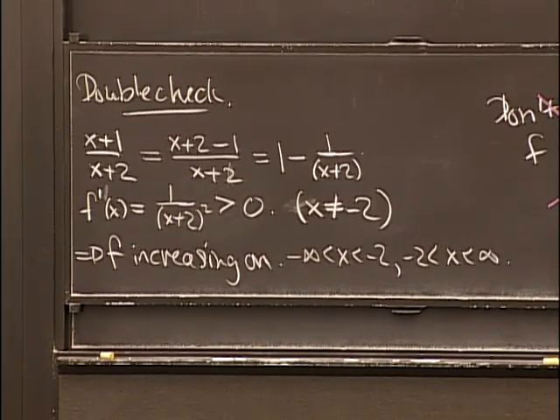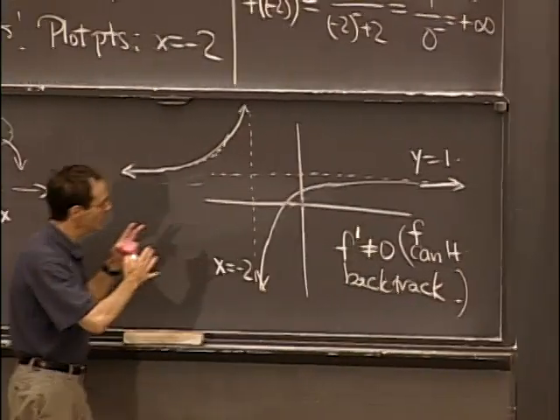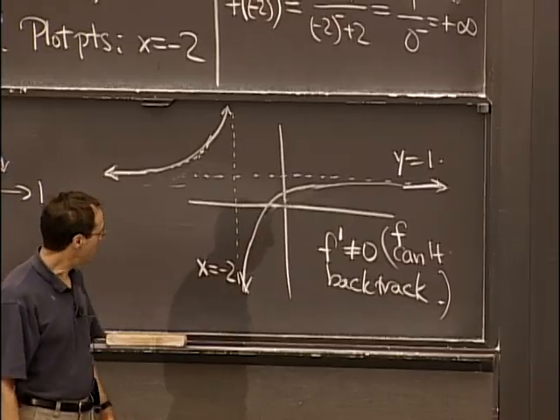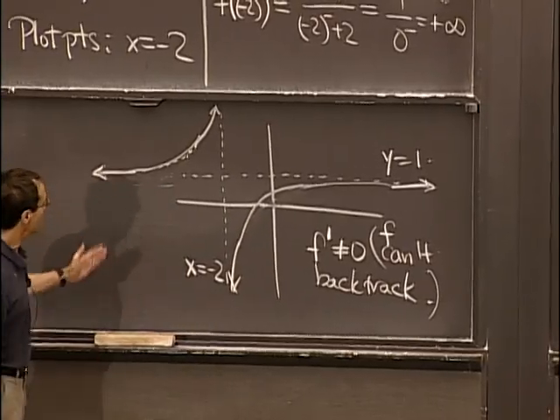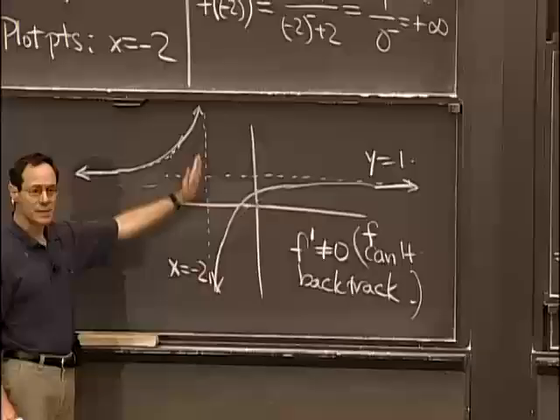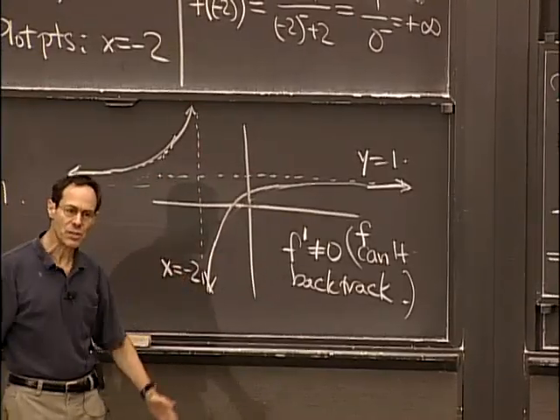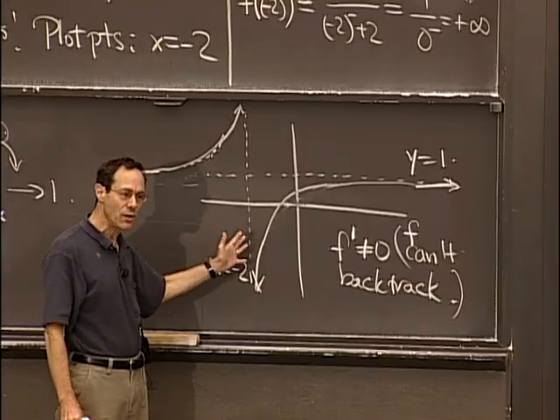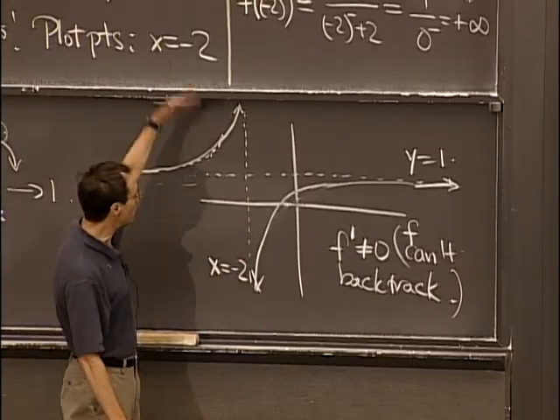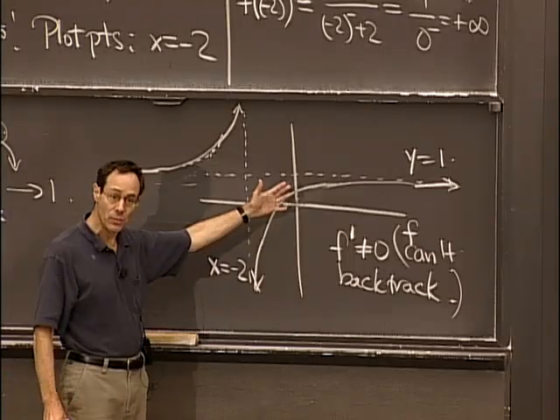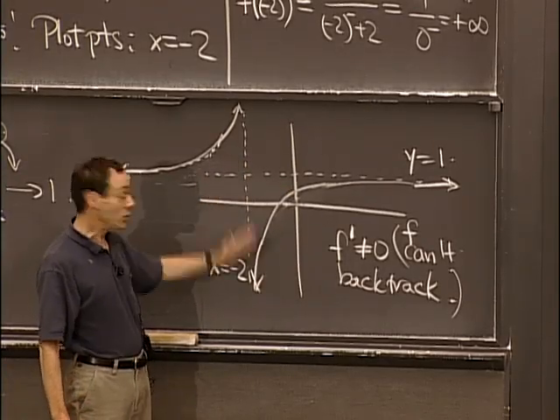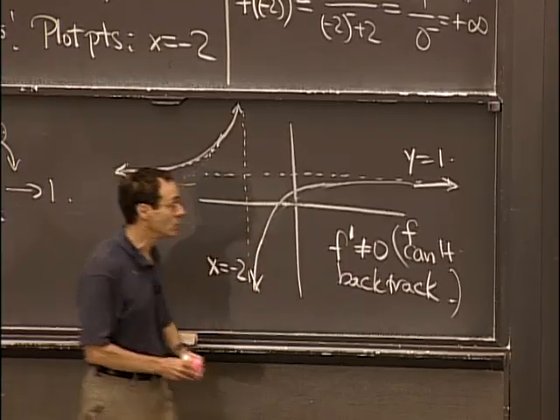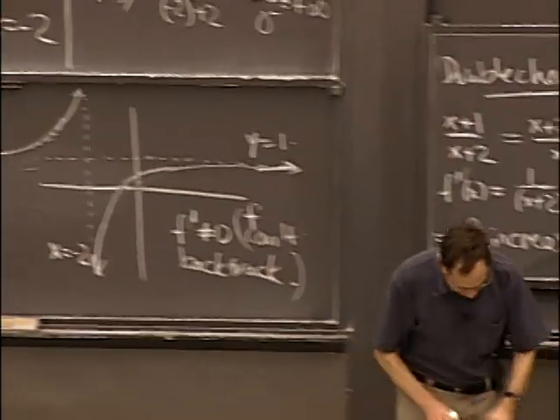So basically, the moral here is that if you ignore this place, it's like ignoring Mount Everest or the Grand Canyon. You're ignoring the most important feature of this function here. If you're going to be figuring out where things are going up and down, which is basically all we're doing, you'd better pay attention to these kinds of places. Right? So don't ignore them. All right, so that's the first remark.